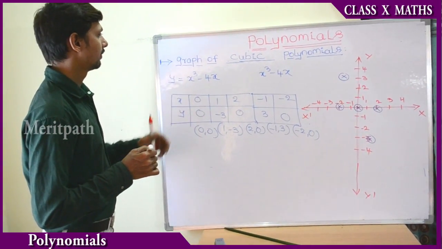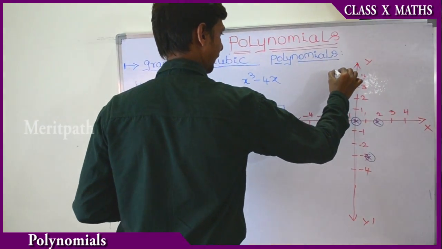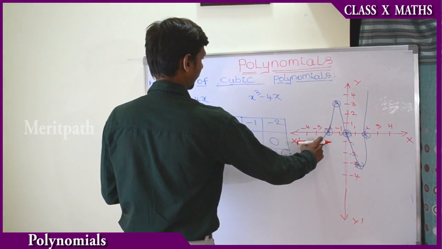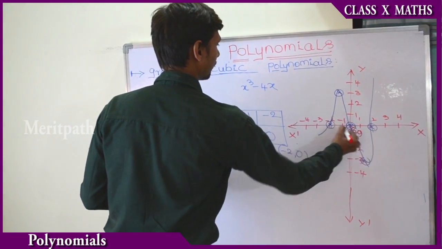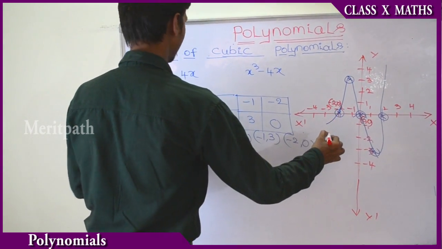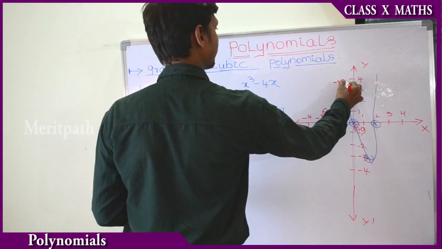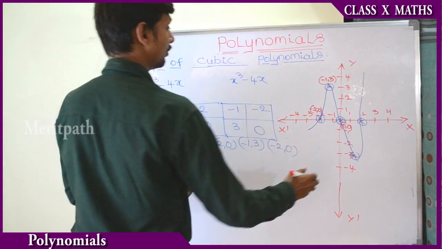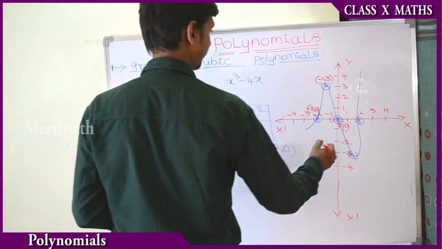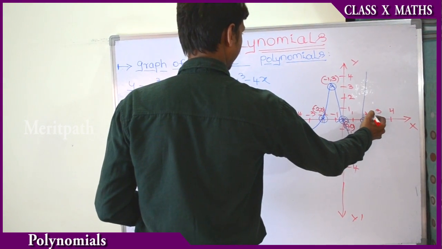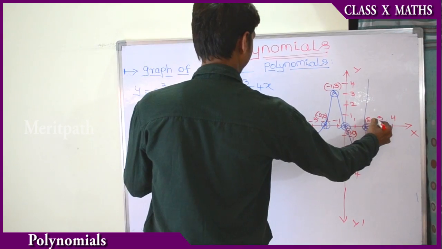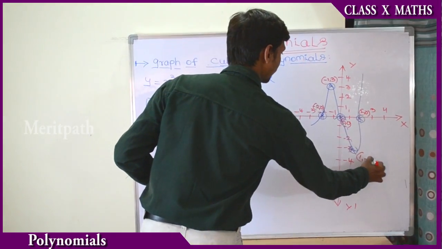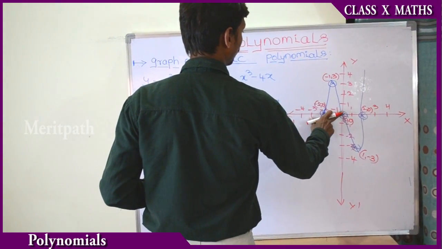We get 0, 0, minus 2, 0, and minus 1, 3, and 1, minus 3, and 2, 0, and then 1, minus 3, 2, 0, minus 1, 3, 0, 0.